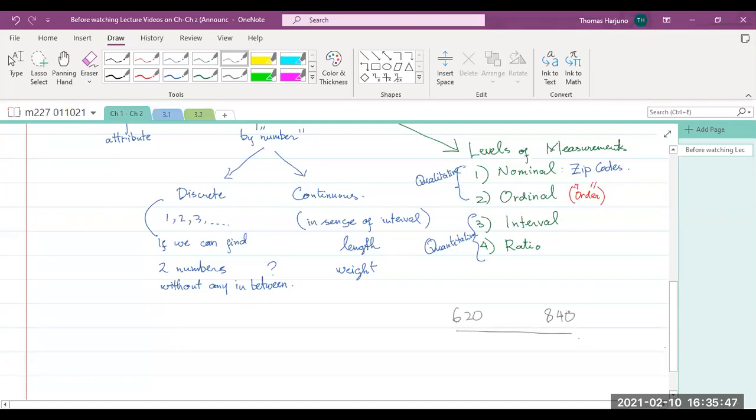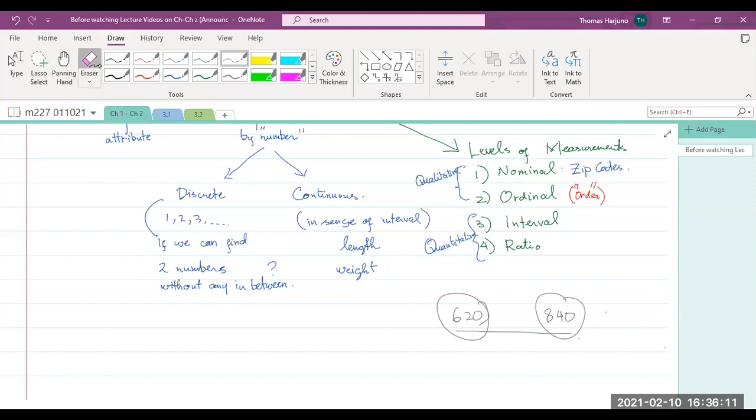That's not in the sense that you can add and divide. But yes, if you go from the smallest number to the largest, then you will meet this first and then that one. So in that sense, the house number on the same street is actually ordinal because you can put them in order. But zip code is not.